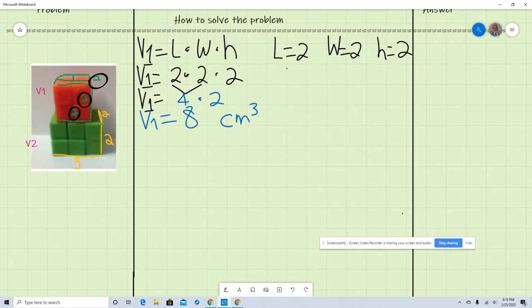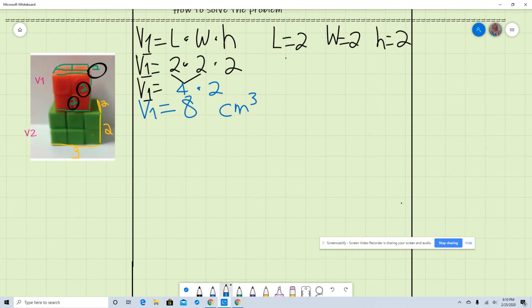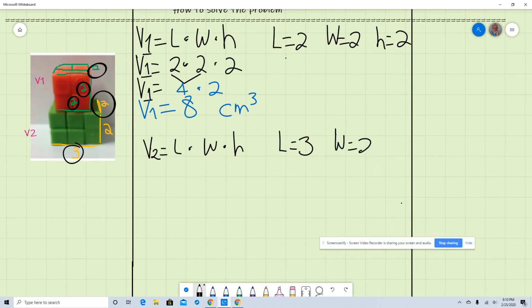We're going to get now volume 2. Volume 2 is the bottom one. So again, volume 2 equals length times width times height. So the length is 3, the width is 2, and the height is 2.